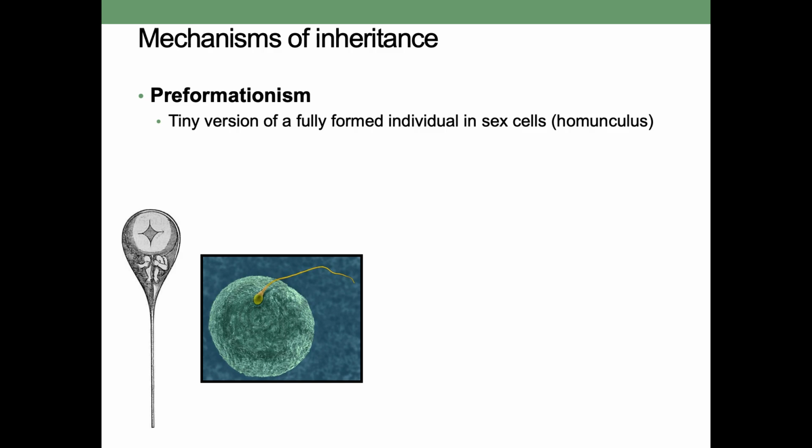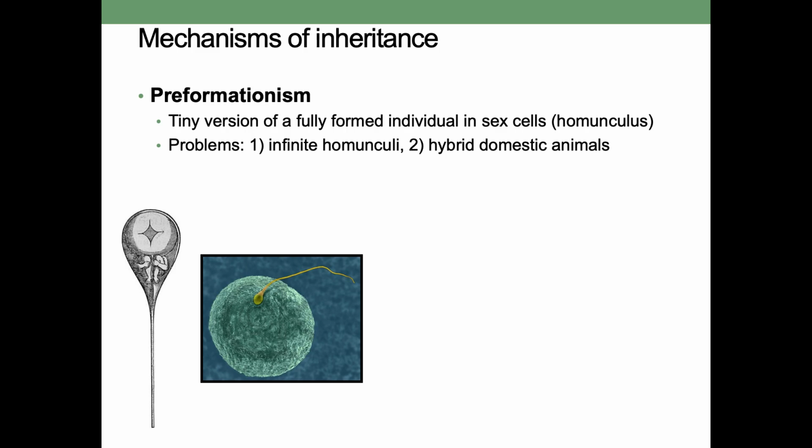That is ridiculous in our modern understanding of things. But there's a couple of reasons why this doesn't work, why it's problematic. And the first one is that in order for this to be the mechanism of reproduction and inheritance, we'd have to have infinite homunculi, right? So if one individual had sex cells in the body containing these tiny versions of fully formed individuals, those fully formed individuals would also have to have sex cells containing fully formed individuals.